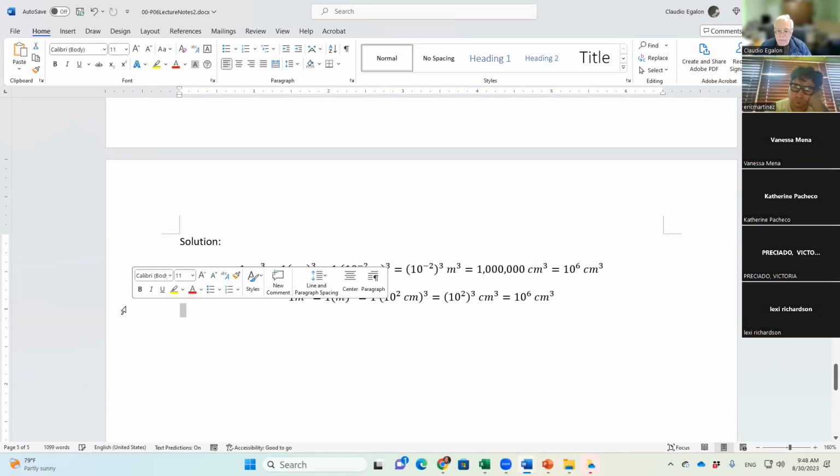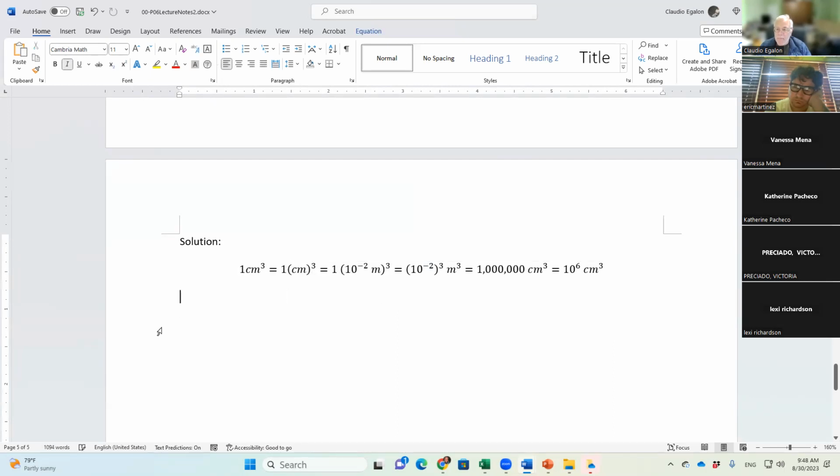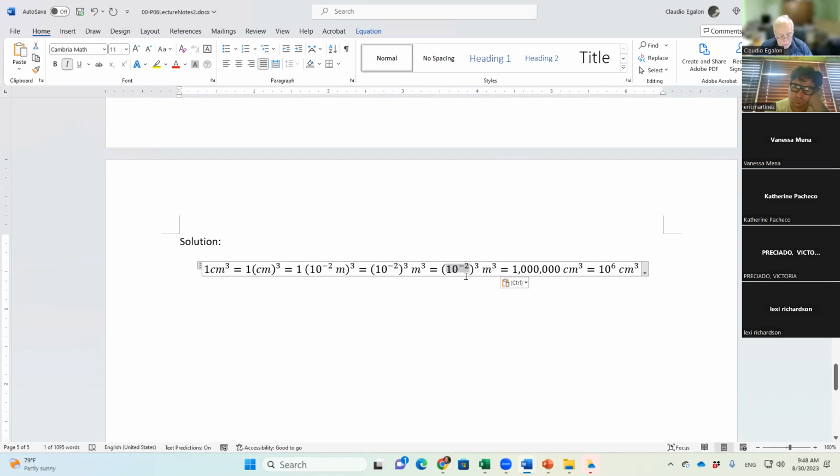Like that. And then when you do this operation, 10 to minus 6. Okay. So 1 cubic centimeter is equal to that.